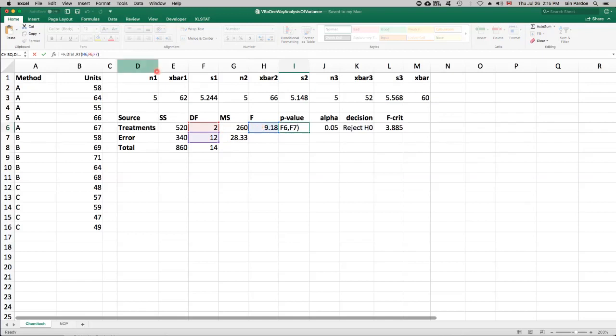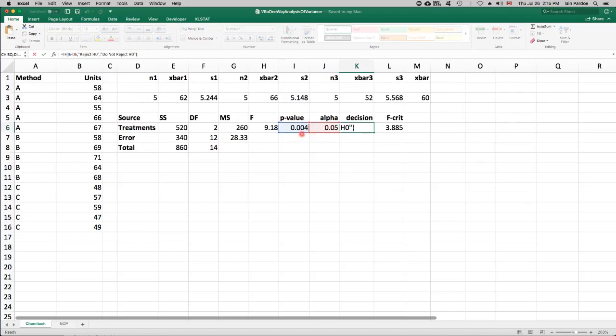So if we put all that together and find the tail area to the right of the test statistic, 9.18, for an F distribution with 2 numerator degrees of freedom and 12 denominator degrees of freedom, we get the p-value 0.004. And then the decision rule, as usual, set a significance level and reject the null if that p-value is smaller than the significance level.